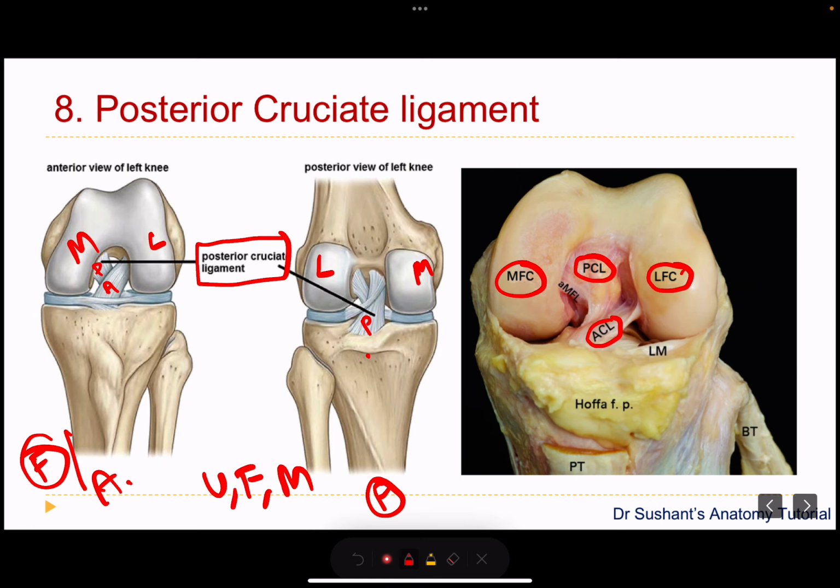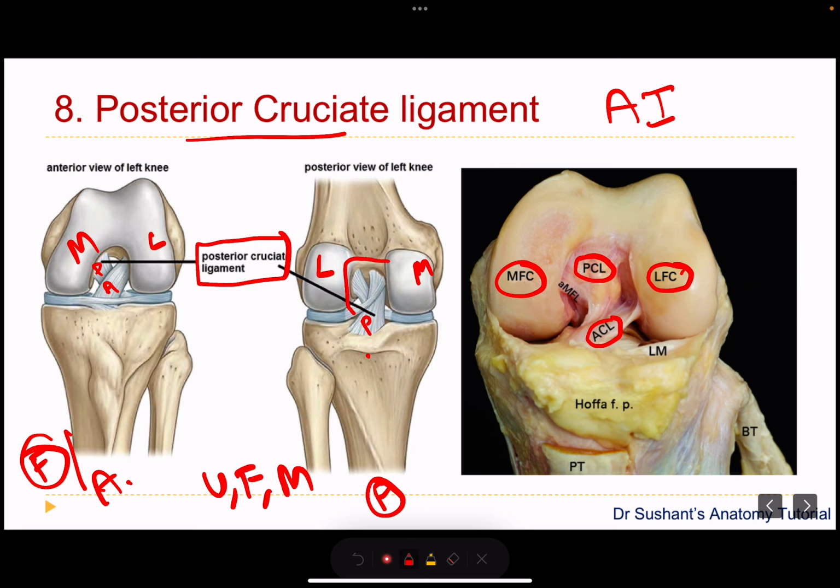So the attachments of posterior cruciate ligament: below, it is attached to the posterior most part of the intercondylar eminence of the tibia, and then the posterior cruciate ligament passes upwards, forwards, and medially, and it will be attached to the antero-inferior part of the medial wall of the intercondylar fossa of the femur. Where is the intercondylar fossa?